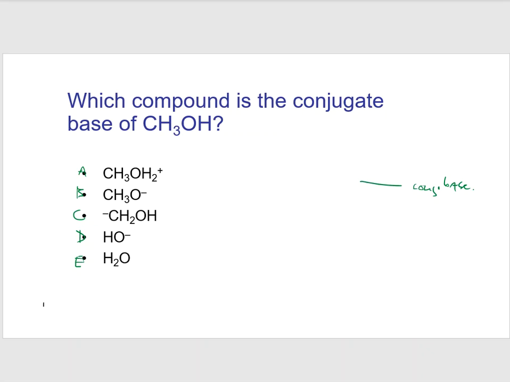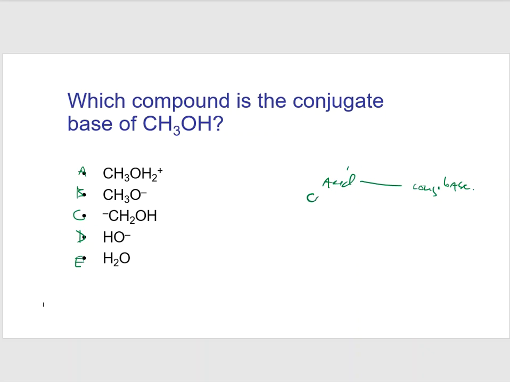And we know that conjugate bases are related to acids. Based on our last video, that was the combo unit that came to us. When we identify the acid, the matching counterpart is going to be called the conjugate base. So what they are asking for here, which compound is the conjugate base of CH3OH?